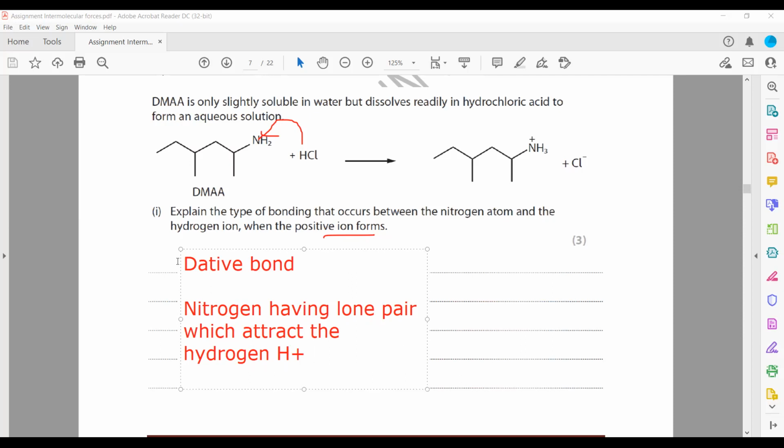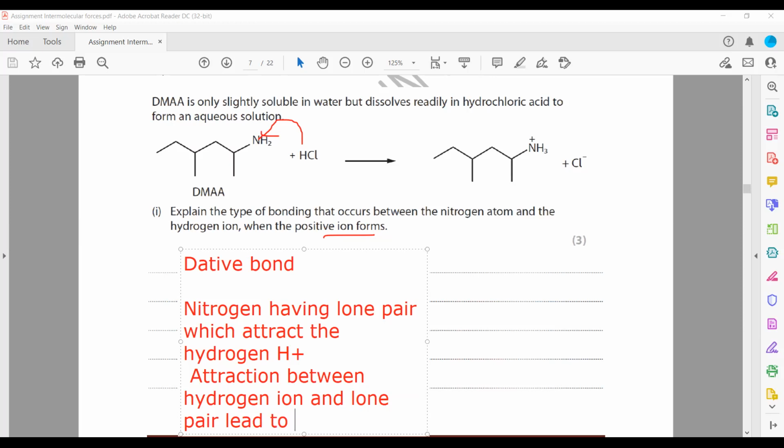Hydrogen does not have electrons, so the attraction between the hydrogen ion and the lone pair leads to a dative bond.